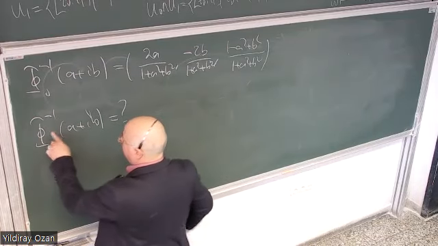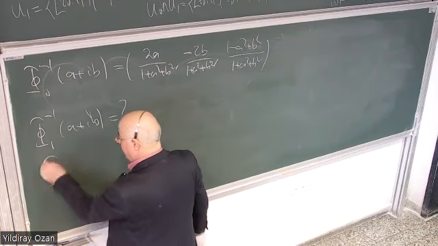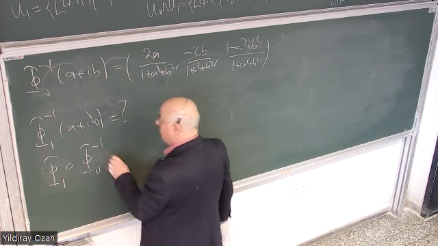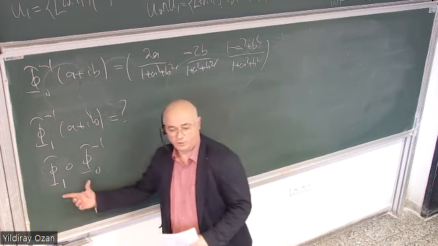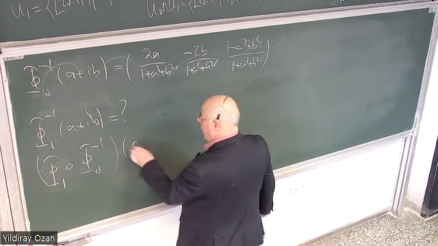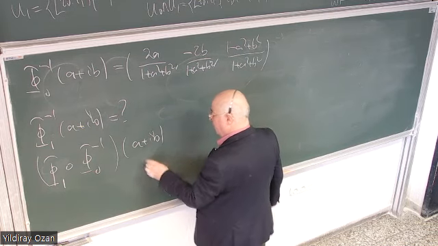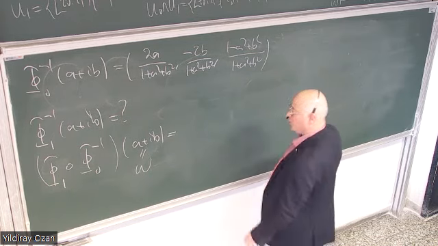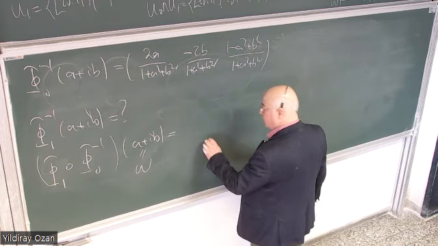Okay. What about this one? I don't need this, so I need this: phi 1 composed with phi 0 inverse, right? If you compute this, with A plus IB being our W, you will see that it is just 1 over W. What is 1 over W?